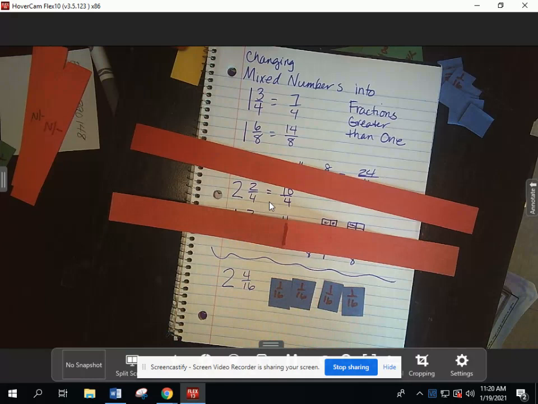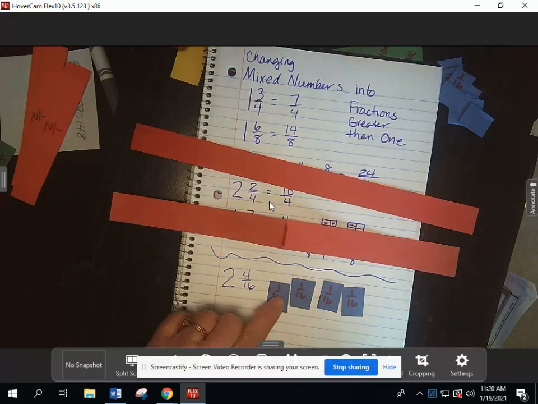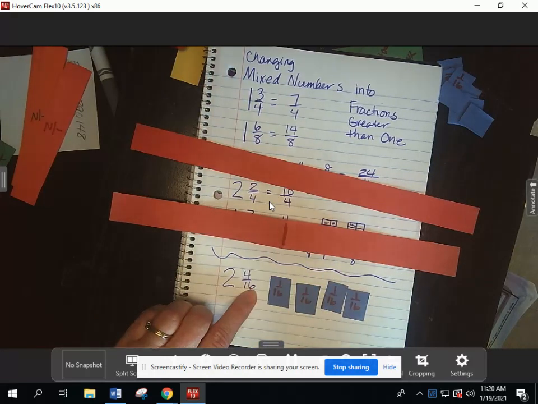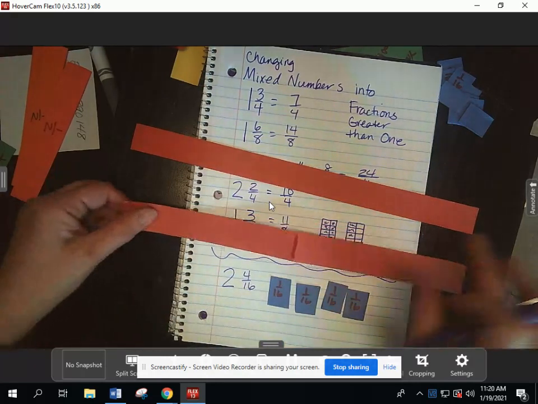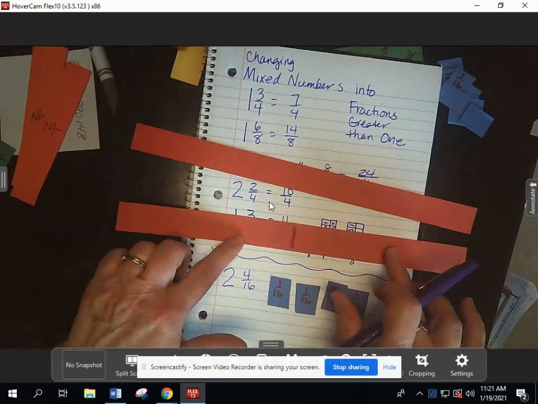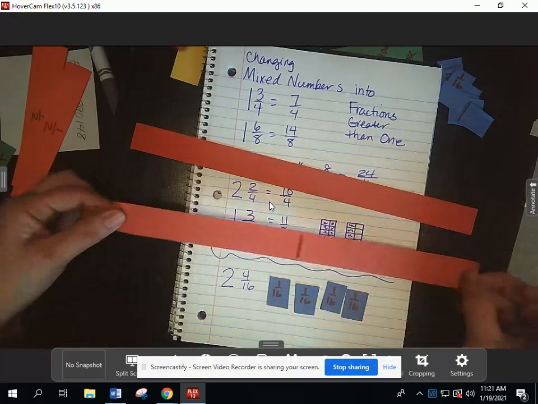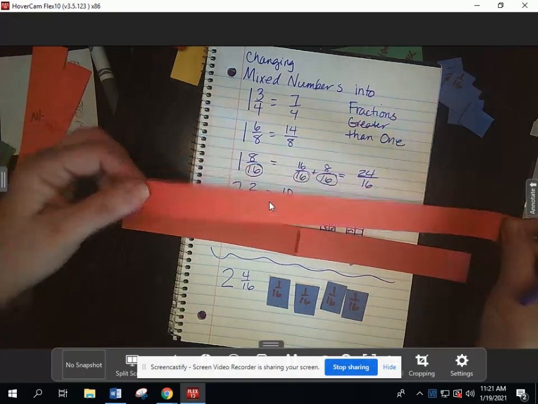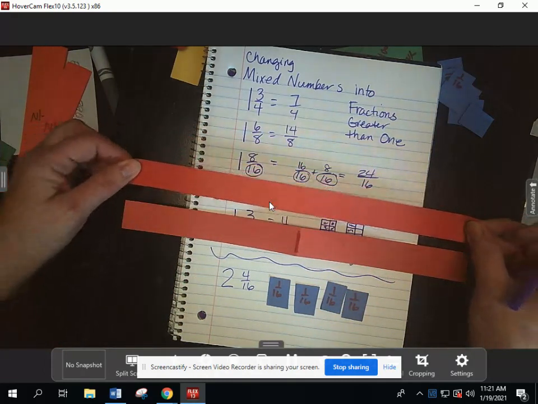Ethan. Okay, so it's 16ths. So we have 16ths. It tells us here, 16ths. So, Ethan, how many 16ths are in this one? Do you remember? 16. Yep. How many 16ths are in this one? Grace? 16.